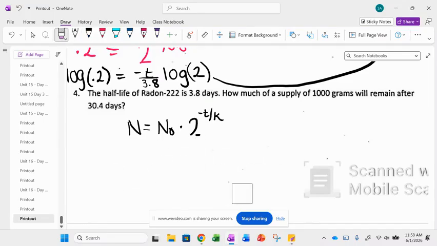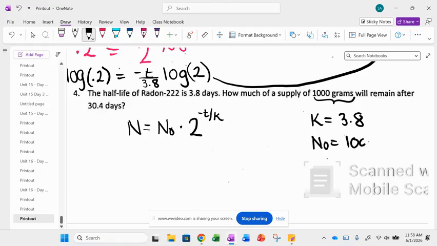All right, Stephen, obviously it's the half-life formula, right? So it says the half-life is 3.8 days. What does that 3.8 days represent? Which variable? How much supply of 1,000 grams? What is this 1,000 grams? N sub 0 is 1,000. And when they say how much of the supply will remain, what are we trying to find?